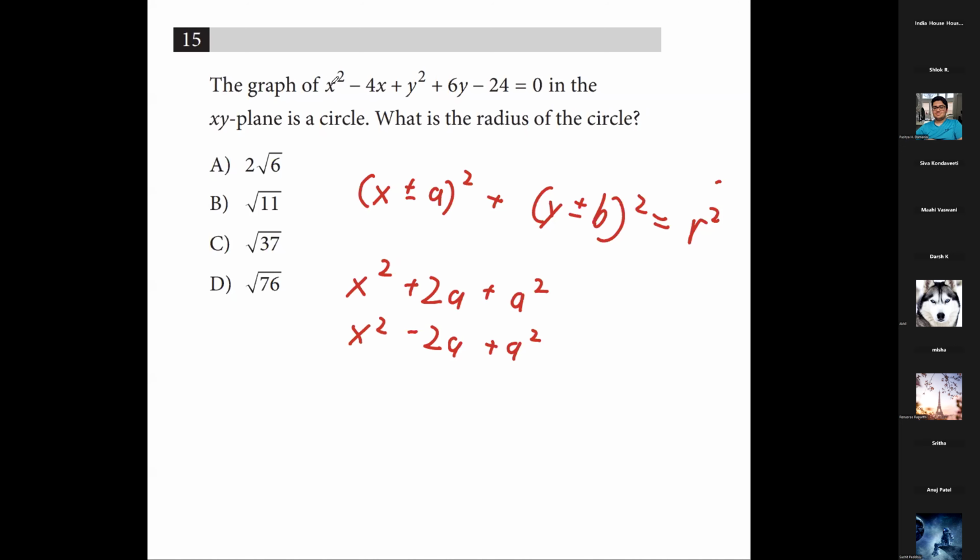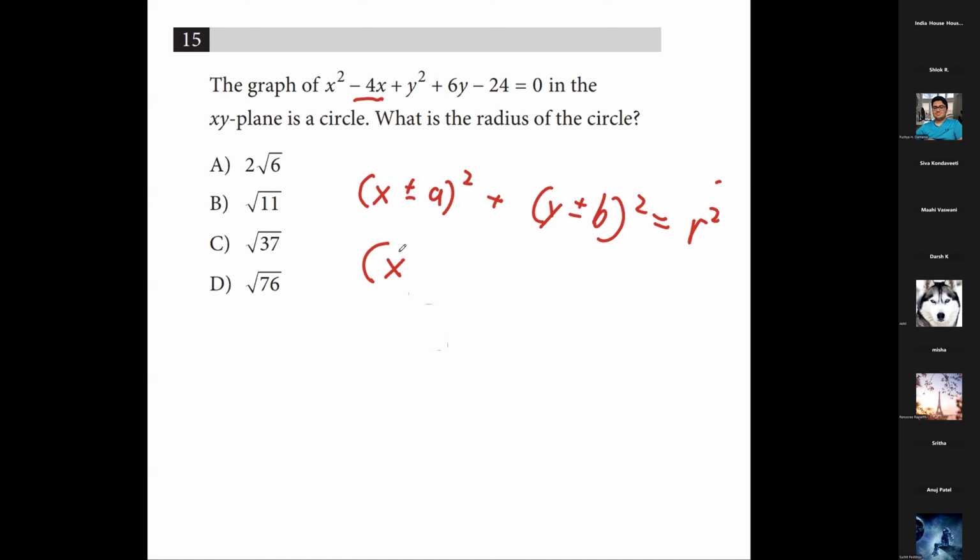And so using that information, we can solve this pretty quickly because we know that this negative 4x must be one of these two values, either positive 2a or negative 2a.